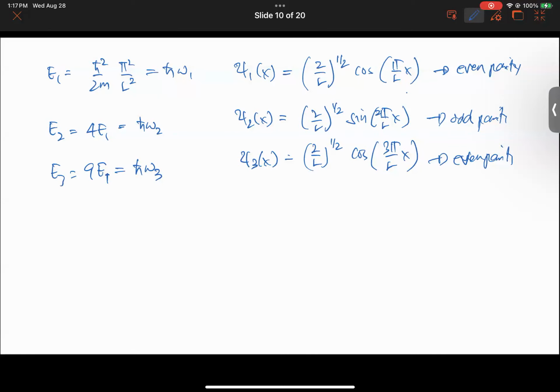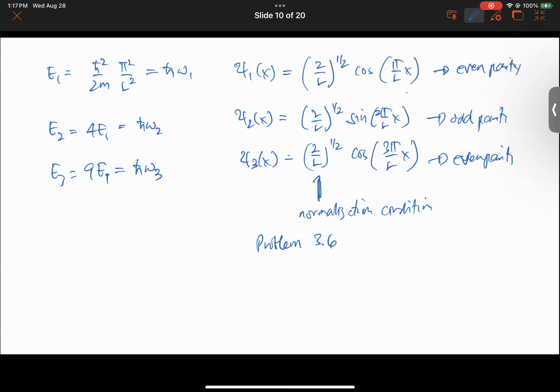Okay, so you might ask kung saan nanggaling ito. Nanggaling yan by applying yung normalization condition. Now I'm going to leave it to you as an exercise. In fact, you can try solving problem 3.6.